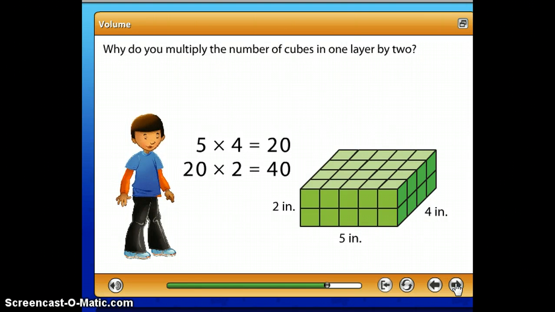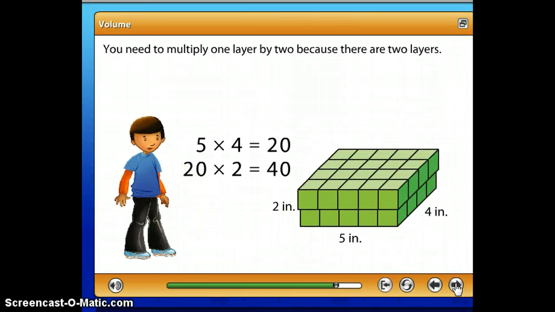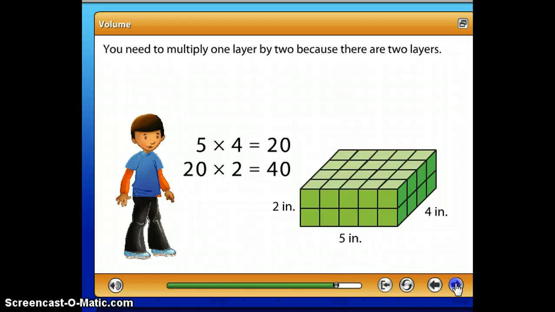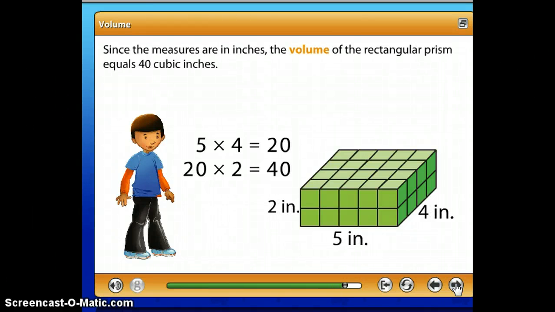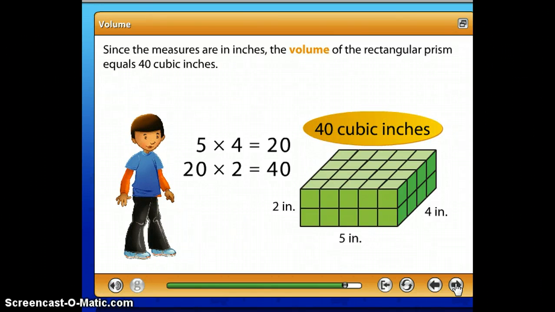Why did we multiply by 2? Dylan Allen? Because there's 2 layers. Yeah, because there's 2 layers, so the height of it is 2. Since the measures are in inches, the volume of the rectangular prism equals 40 cubic inches.